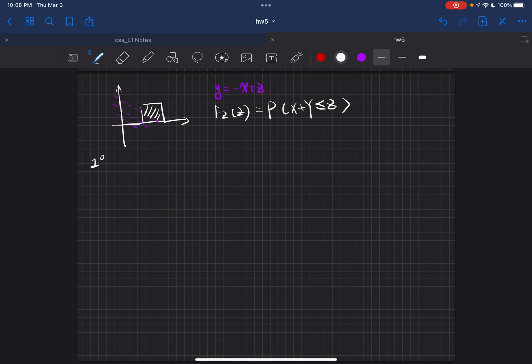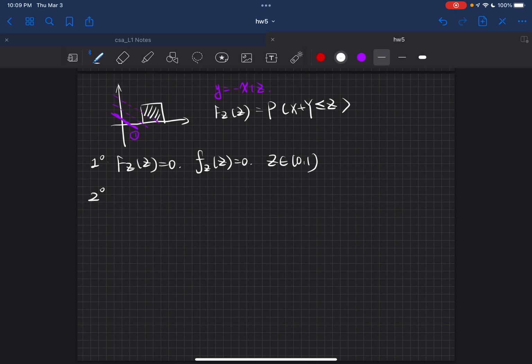The first one is when the line is here. We can see that the overlap of the area below this purple line and the area of fxy is 0. So in this case, we get capital Fz equal to 0. Taking the derivative, the density function of Fz is also equal to 0. This is for z smaller than 1.